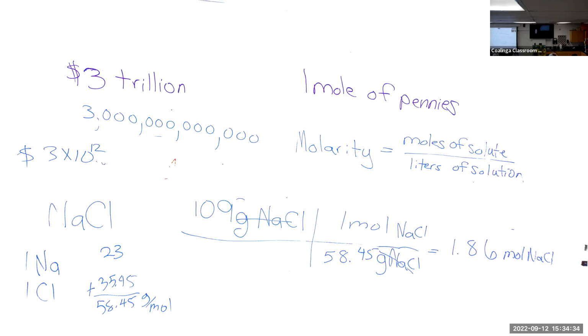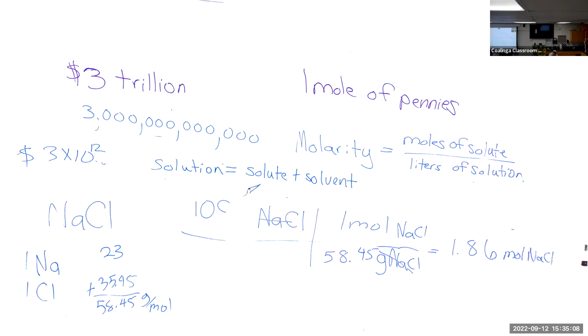If I have salt and I dissolve it in water, right? Right now, I have 1.86 moles of salt. And I'm going to dissolve that in water. The solution is going to be equal to solute plus solvent.